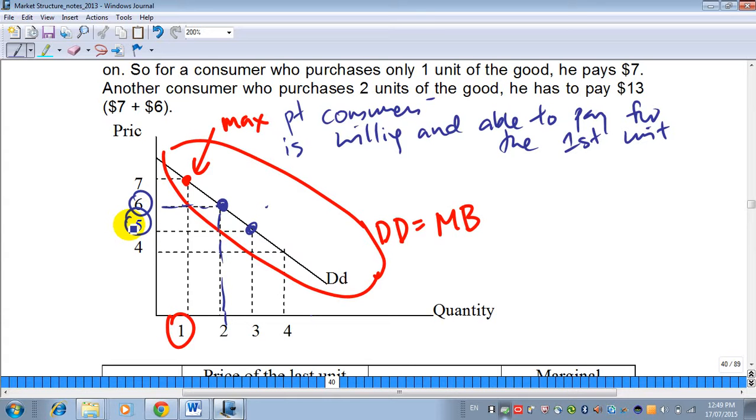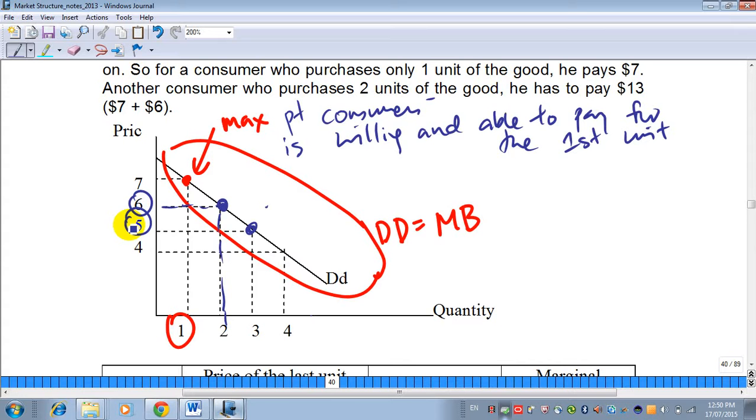Okay, and think about the situation I was telling you about, the very unrealistic assumption that the producer knows exactly how much you are willing and able to pay for each and every unit. And that is not a situation that you would like, because he would have extracted all your consumer surplus. So I'm going to explain now.